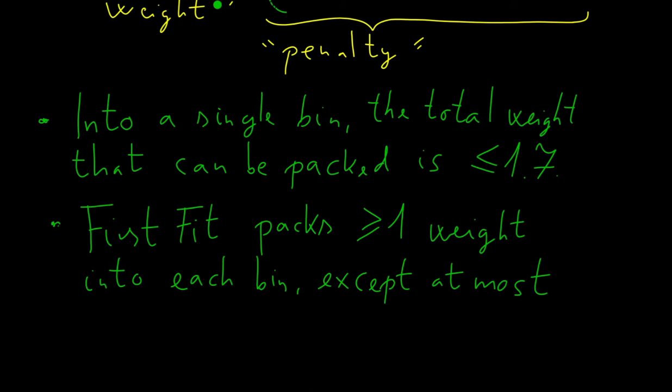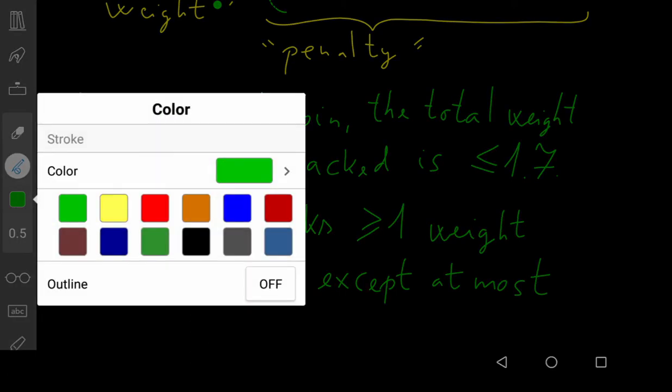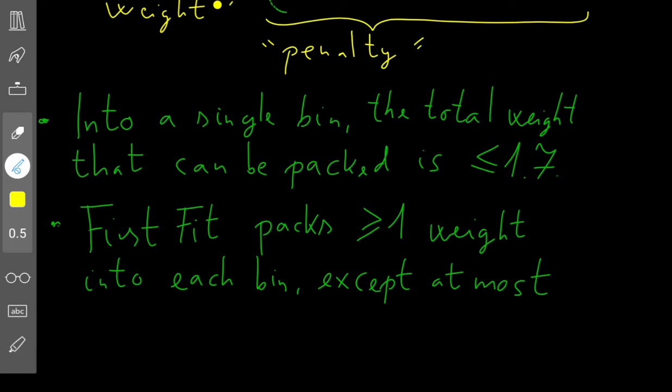In the case of the harmonic, we just proved that all the closed bins will contain at least a weight of 1. Actually, most of them contain exactly a weight of 1. And we also proved that into a single bin you cannot pack more than 1.69 something weight.